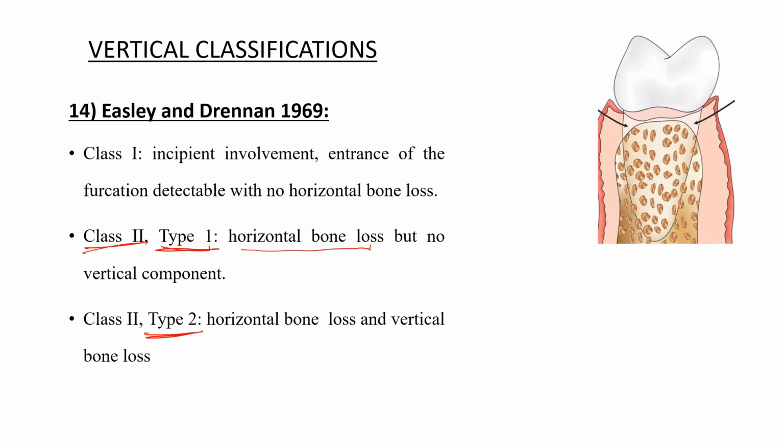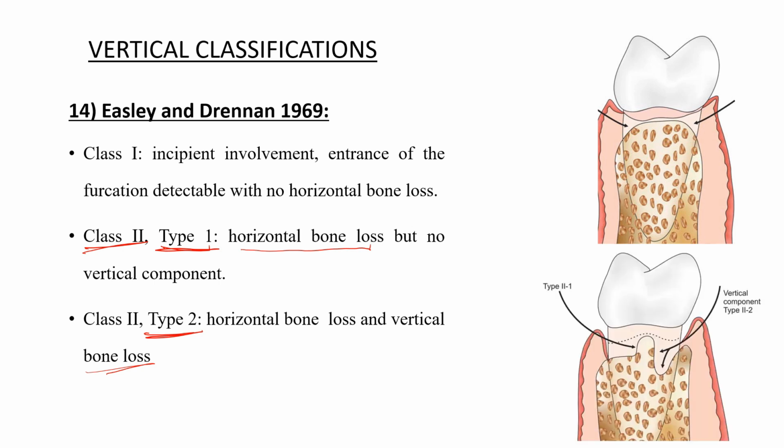And type 2, horizontal bone loss is there with vertical bone loss. See, in type 2-1, the horizontal component is involved but no vertical component. Here, horizontally the bone loss is there as well as vertically. So type 2-1, type 2-2.